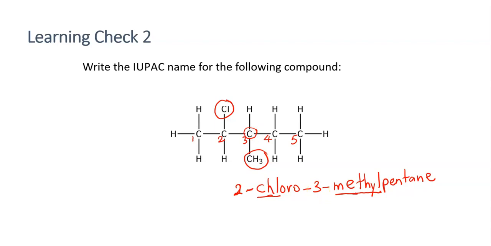Always the numbers have to be separated with a dash. And there are no spaces between methyl and pentane. We just write it as methylpentane with no spaces. If you put a space, that is not correct. Remember, these are IUPAC names, so there is only one and only one name for each compound.